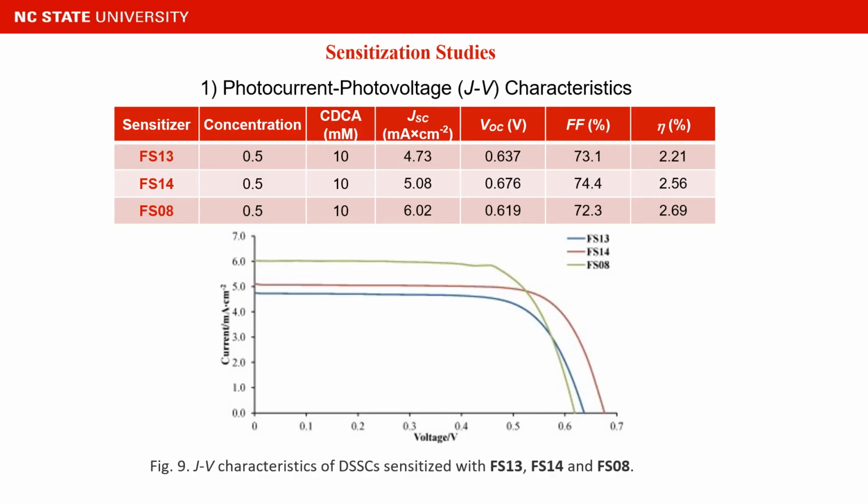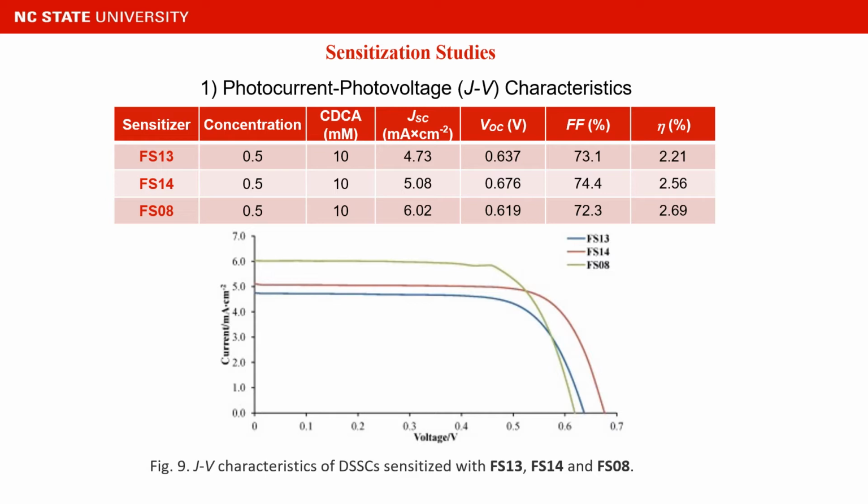The sensitization studies. At first, we study the photocurrent-photovoltage J-V characterization of the DSSC sensitized with FS13, FS14, and FS8. As illustrated here, the JSC decreases in the order FS8 more than FS14 more than FS13, and the efficiency also decreases in the order FS8, FS14, and FS13.